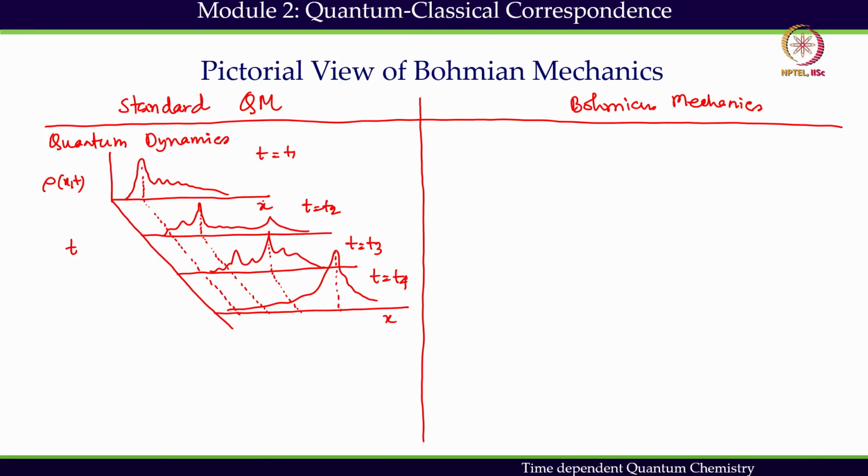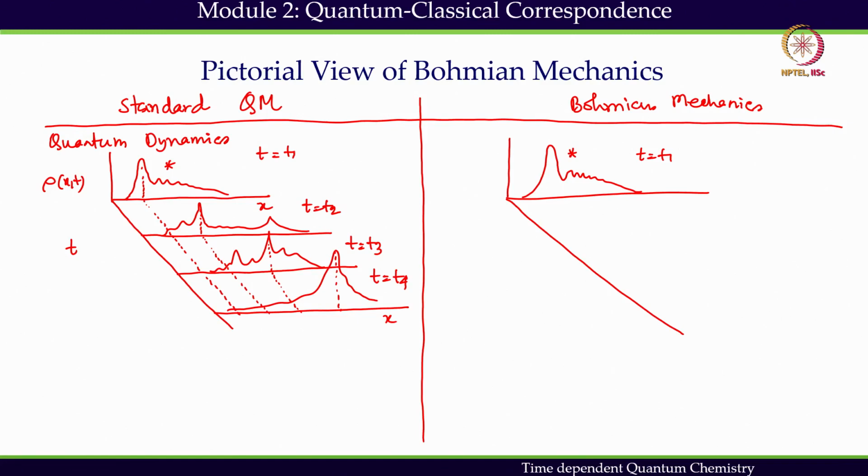On the other hand, in Bohmian mechanics, we have quantum trajectory. So, I had this initial distribution of the wave function. I have tried to present this distribution and this distribution to be the same. So, this is my t equals t1 time, and in Bohmian mechanics I do not have any wave function anymore.